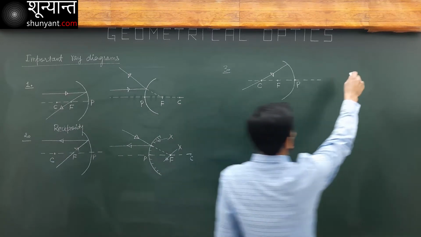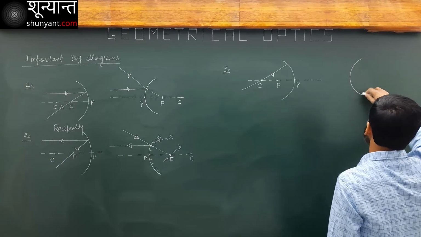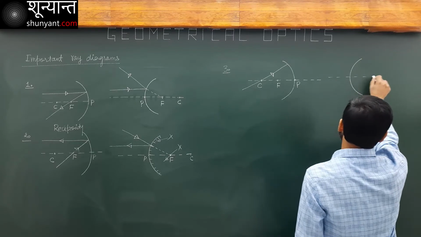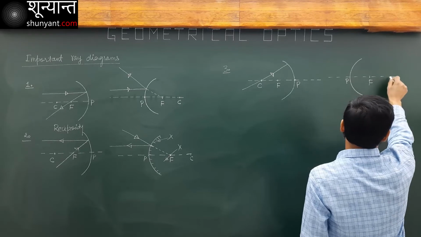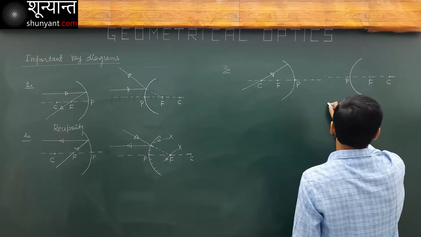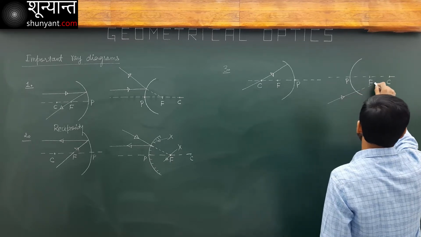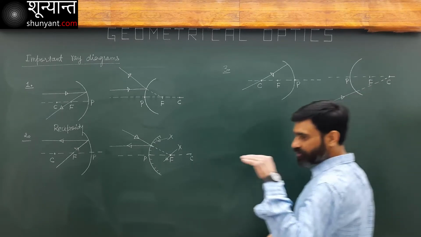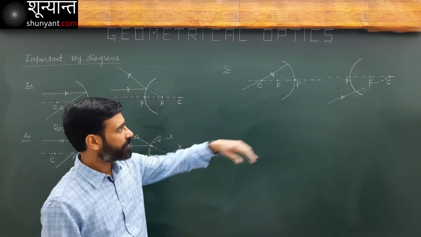Or in case of a convex mirror, I have this convex mirror here. This is my pole. This is my focus. This is my center. Let's say that I have one light ray which appears to go towards the center. It cannot actually reach the center, but it appears to.